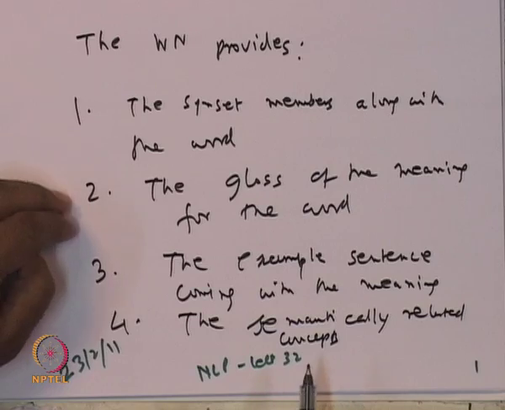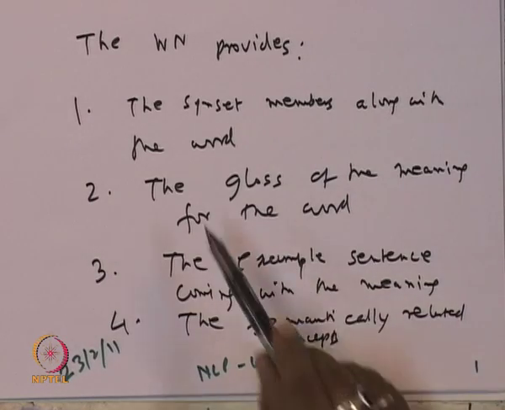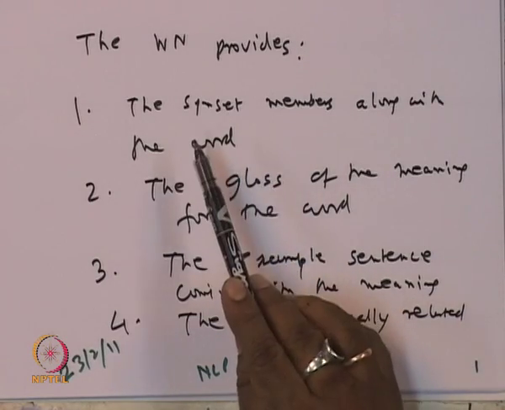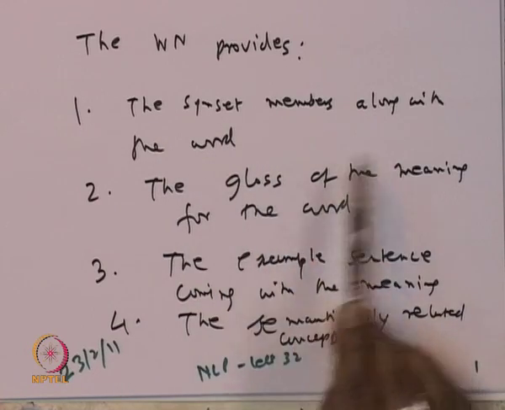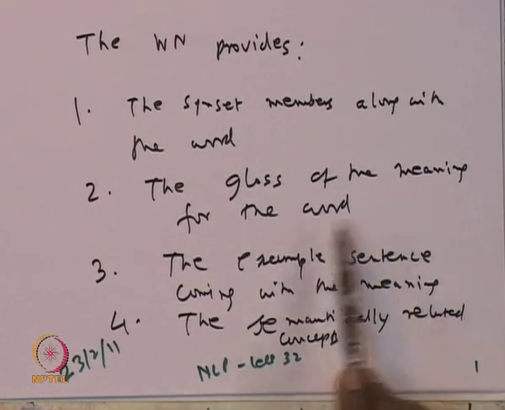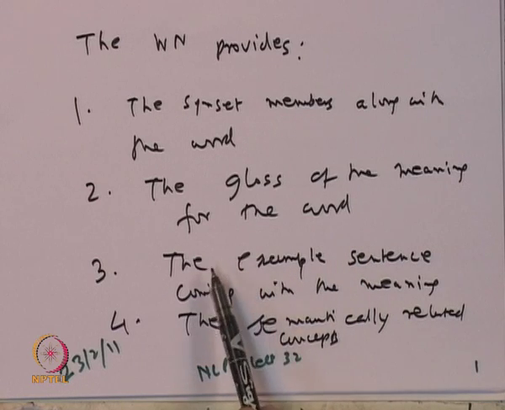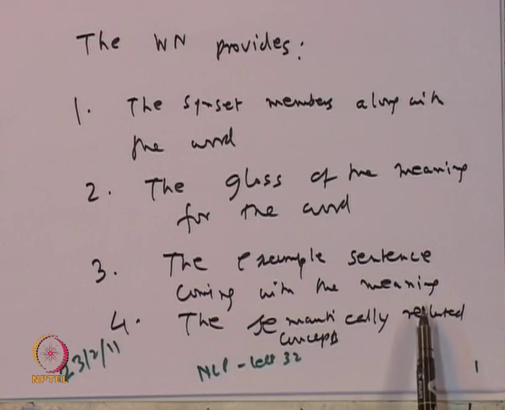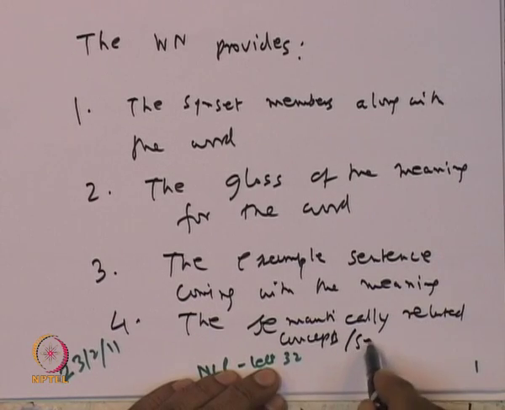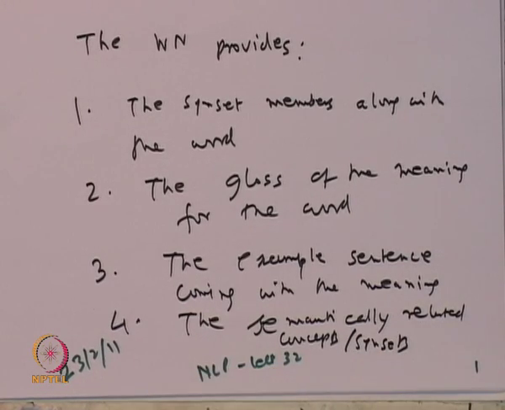Okay. So, these are very important and let us go over them once again. WordNet provides the synset members along with the word, the gloss of the meaning for the word, the example sentence coming with the meaning, the semantically related concepts or synsets. Okay. So, all these are required in the algorithm as information sources for disambiguation.